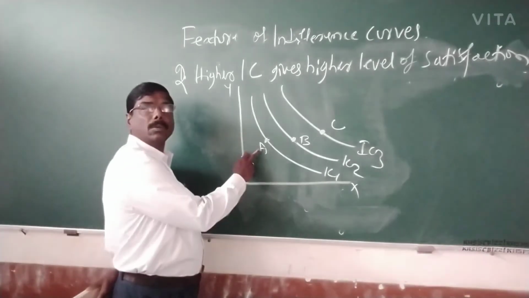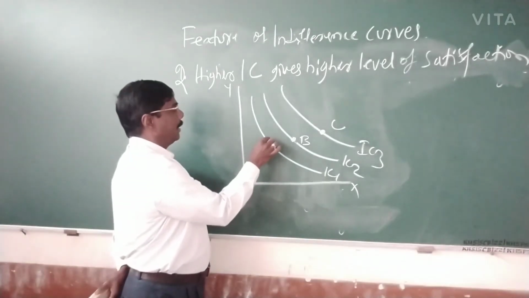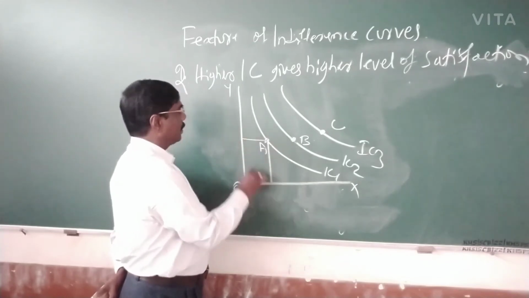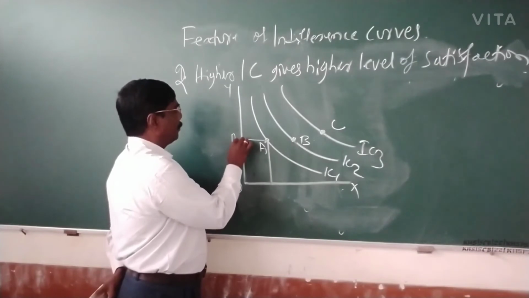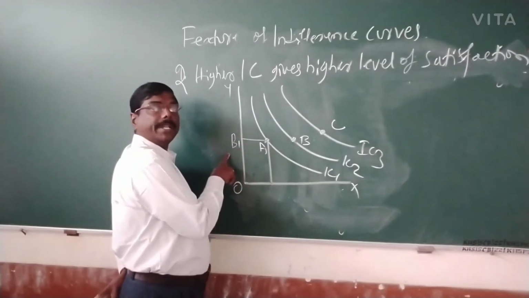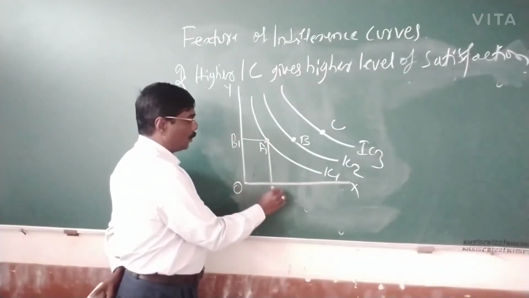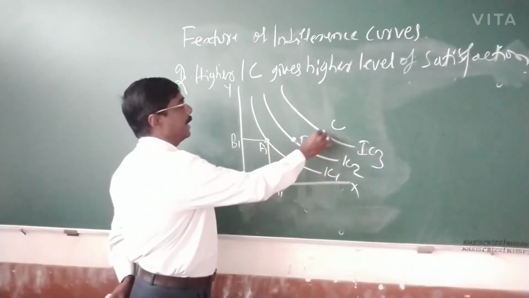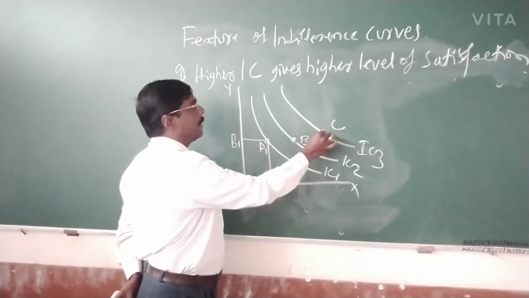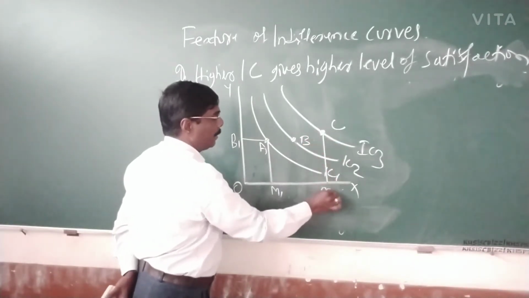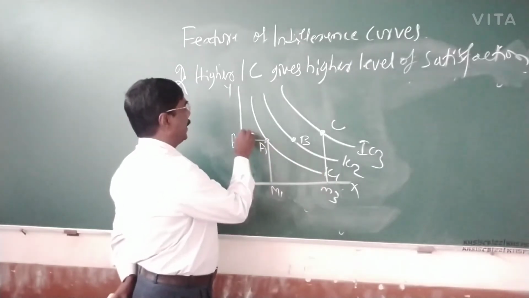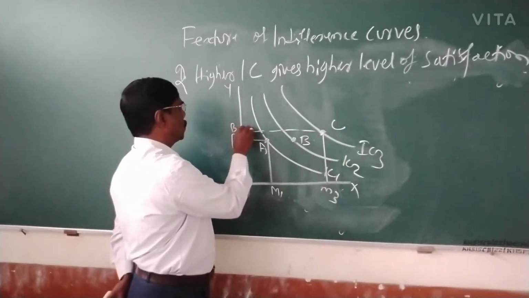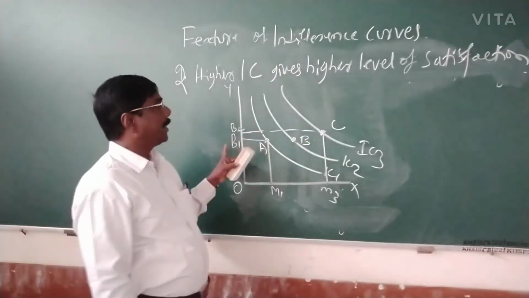Look at the board here. At the A combination, he is able to consume B1 quantity of banana and M1 quantity of mango, and at the C combination he is able to consume M3 quantity of mango and a larger quantity, B2, of banana.